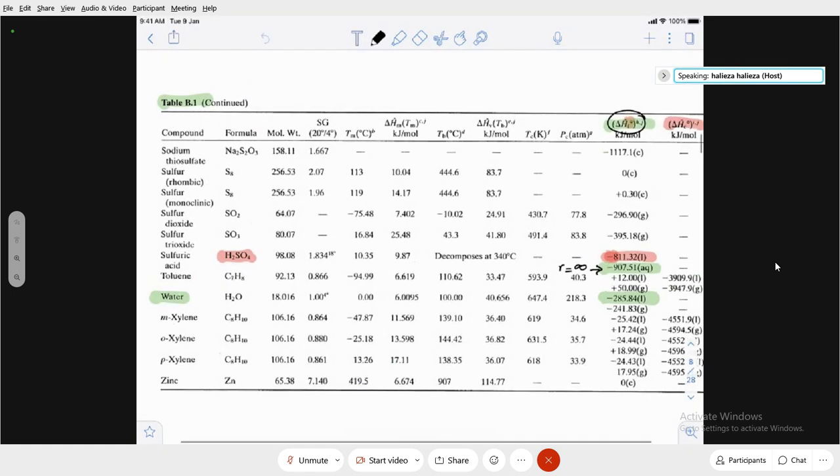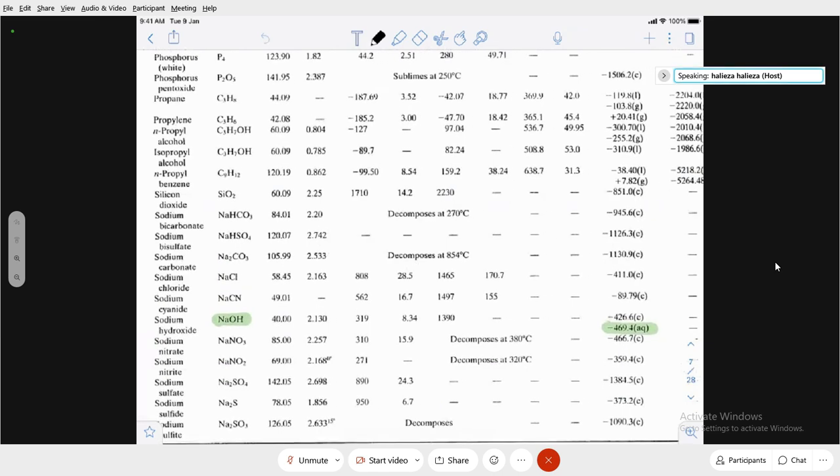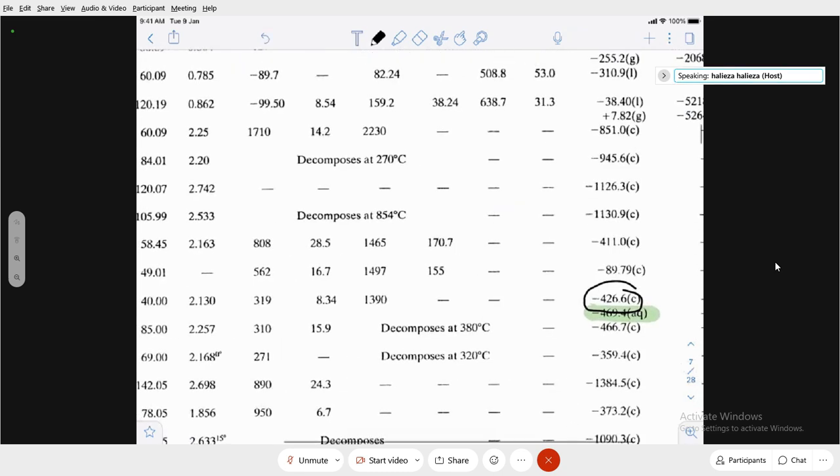That is 426.6 for the solid. For the solution, it is the one I highlighted in green. That is the solution being formed at infinite dilution. So that is this value.